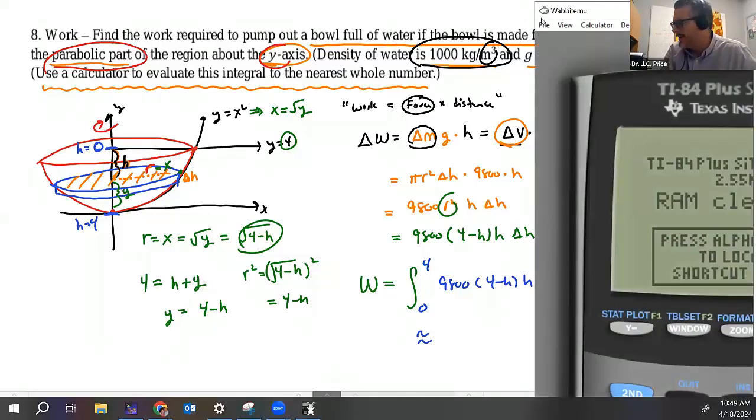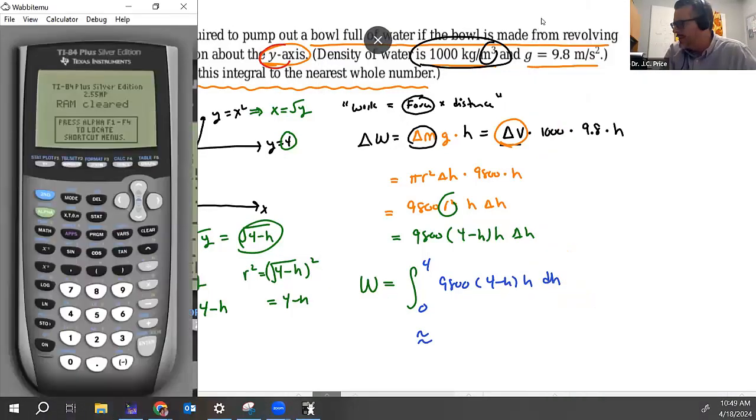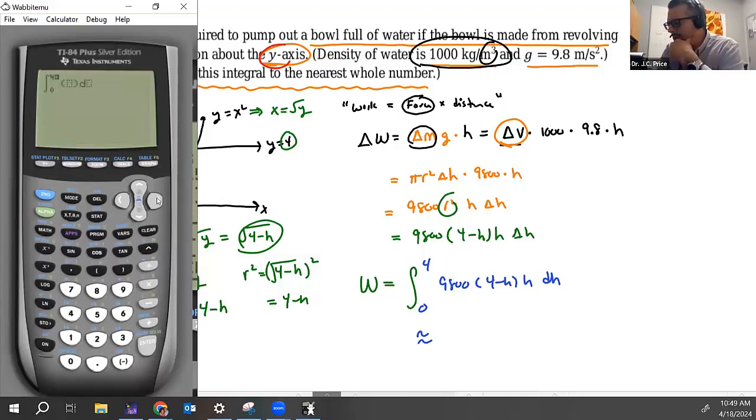So there's my calculator. And so we'll put this into our calculator. It's not too hard to do. You just hit math. And we go down here to the finite integral. And we're going to go from 0 to 4. And then we're just going to type in this 9,800. And then we need an x here. And so I need a 4 minus x, so left parenthesis, 4 minus x.